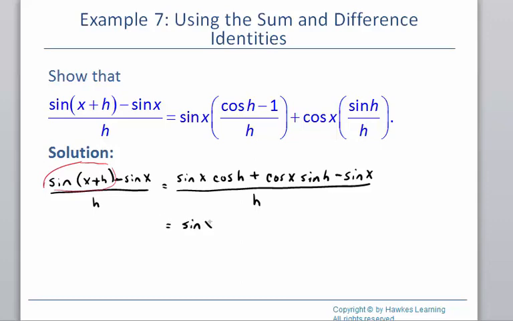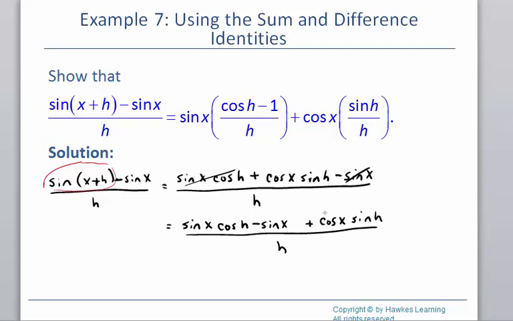I'm going to leave this first term. That takes care of that one. I'm then going to get the last term, so minus sine x. And then I'm going to put this third one in last. This is just addition and subtraction, so it's fine for me to rearrange terms.